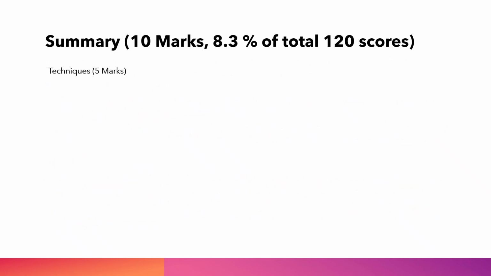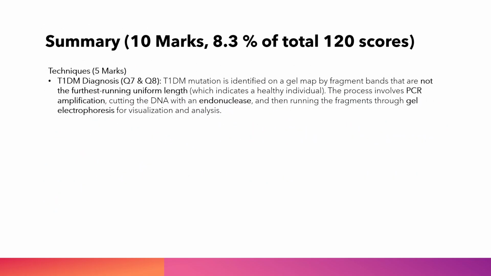Techniques, 5 marks. T1DM diagnosis, Q7 and Q8: a T1DM mutation is identified on a gel map by fragment bands that are not the furthest running uniform length, which indicates a healthy individual. The process involves PCR amplification, cutting the DNA with an endonuclease, and then running the fragments through gel electrophoresis for visualization and analysis.